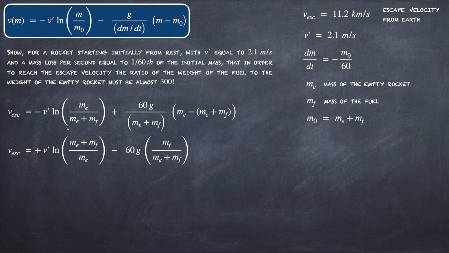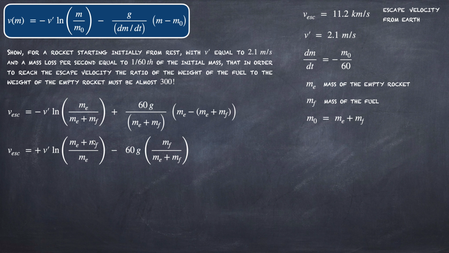In this term here, instead of the negative of this logarithm, we will write it as the logarithm of this argument raised to minus 1, which is the same as me plus mf over me. Now, we need to find the weight of the fuel to the weight of the empty rocket. So, this is the same as the mass of the fuel over the mass of the empty rocket.